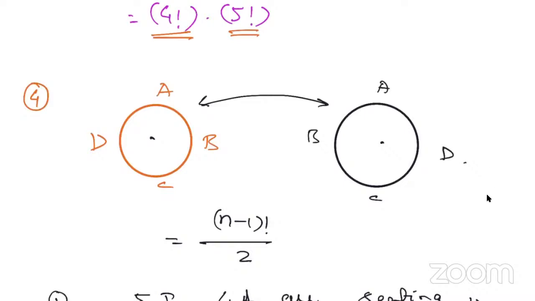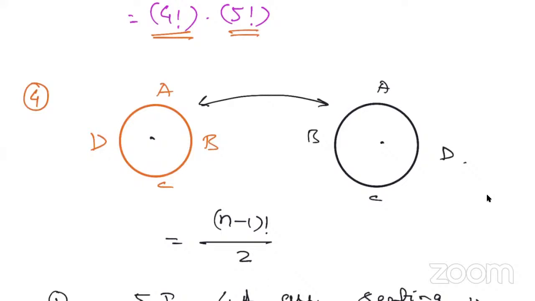Right. See, in a garland or necklace, if you are putting this in a circular way, clockwise or anti-clockwise, in both ways you are getting the same arrangement, right? If you are not able to define right or left of something, that's called the same clockwise or anti-clockwise arrangement.